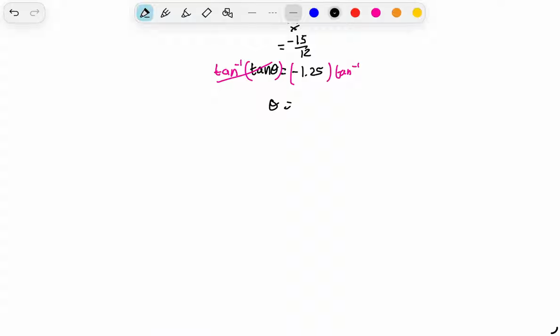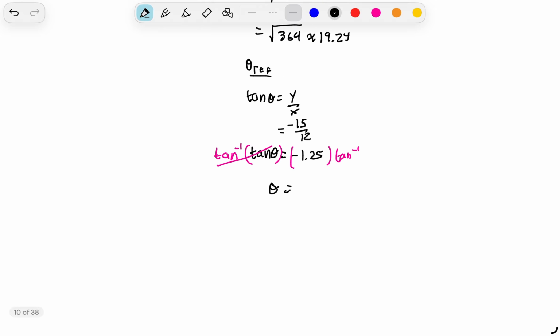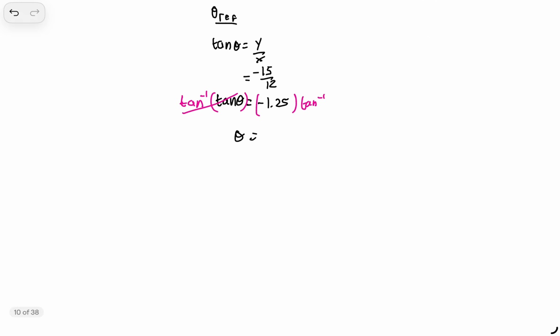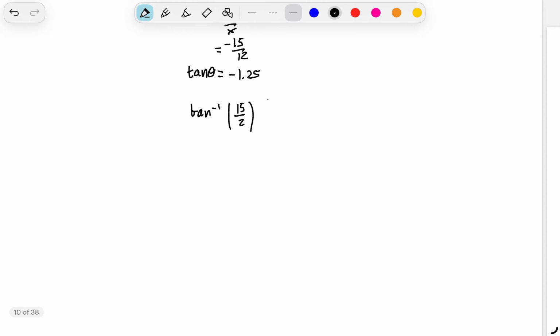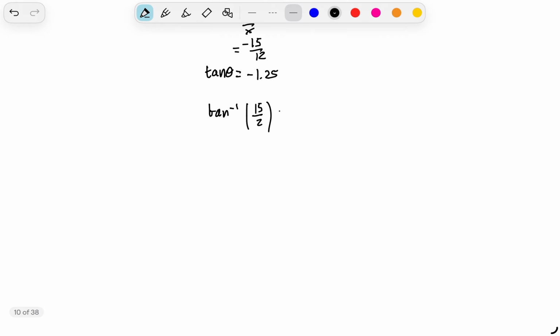Our theta would be equal to tan inverse of negative 15 over 12. So we can actually just take the tan inverse of 15 over 12, removing that negative. So this would be equal to your reference angle. And this would be 51.34 degrees.